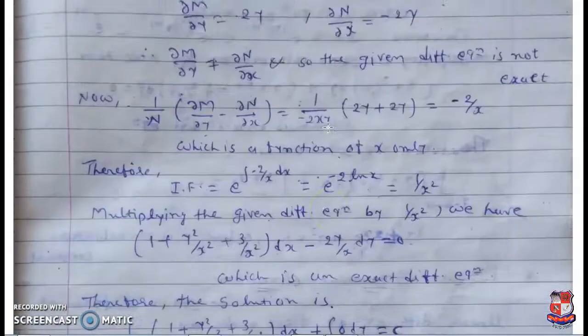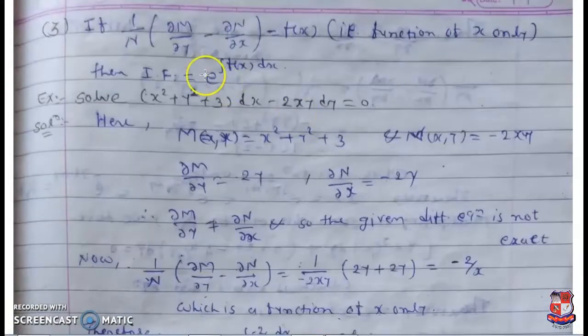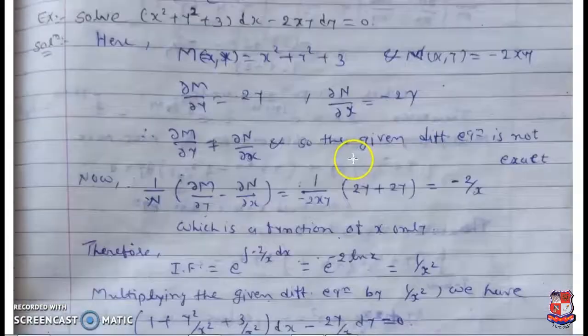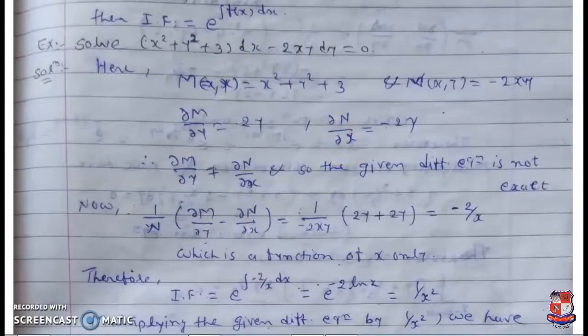We directly check these two parts, and if any one of them is possible, then the integrating factor is e raised to the integral of f(x) dx in this form, or e raised to the integral of g(y) dy in this form.